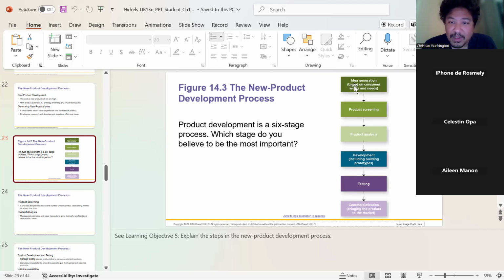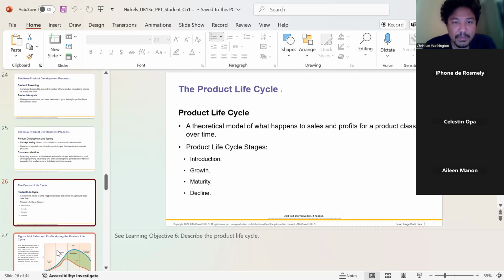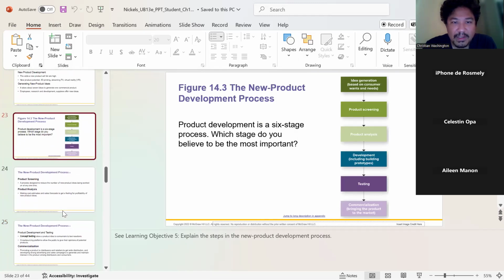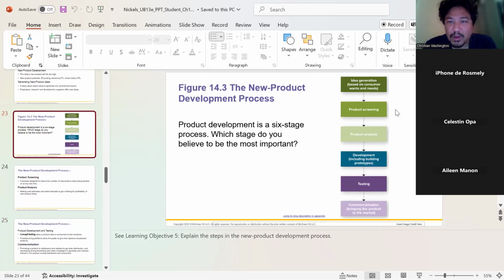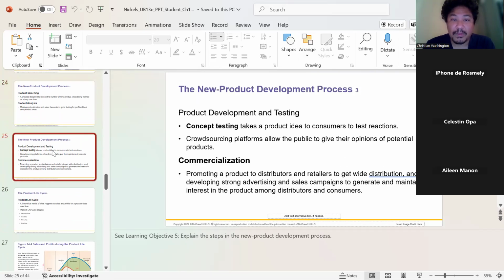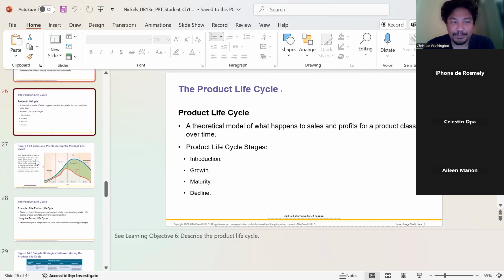So the new product development cycle follows these six stages: idea generation, product screening, product analysis, development, testing, and commercialization. There's a lot of research that's involved in these product life cycles.